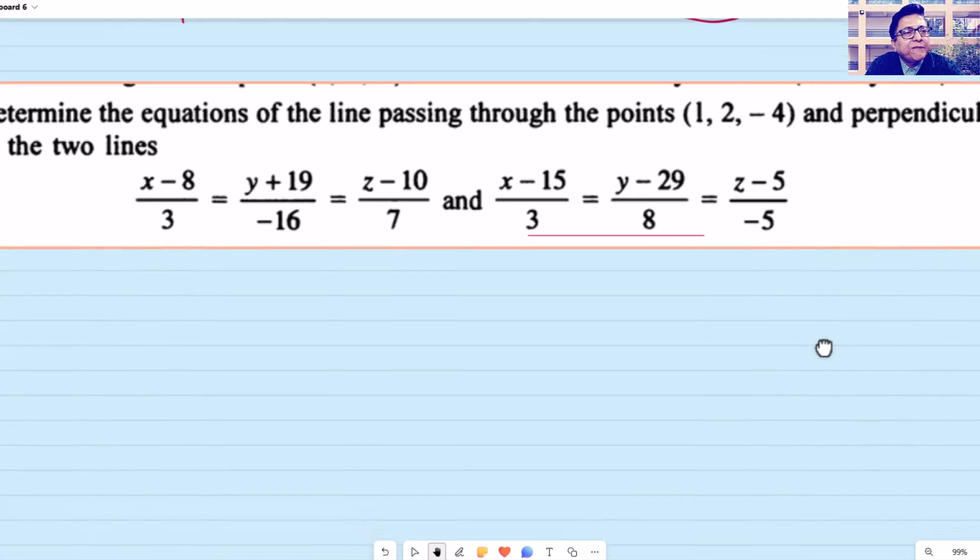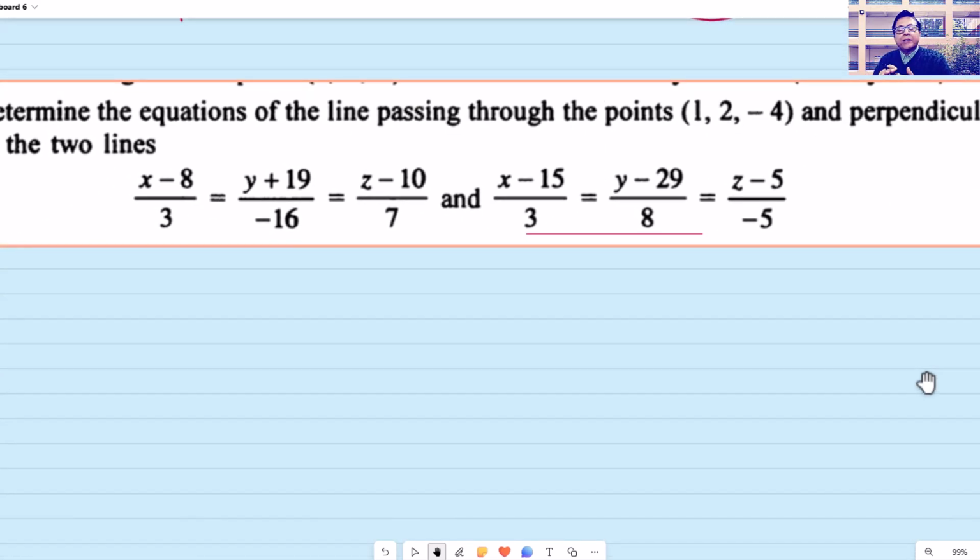This is another very interesting sum. It is given: determine the equation of the line passing through (1, 2, -4) and perpendicular to the two lines. Lines are given in symmetrical form.